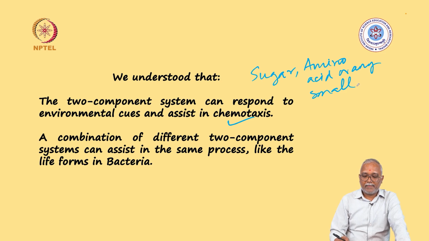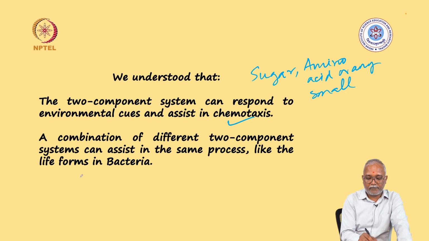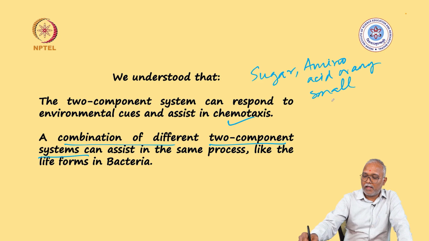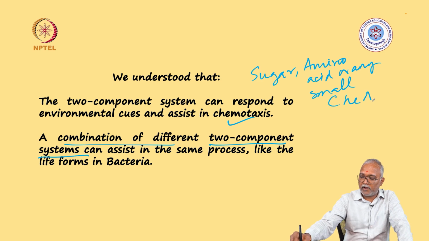And then there could be multiple different two-component systems which will work together. In case of chemotaxis, we saw only one two-component system working and the kinase there was CheA.